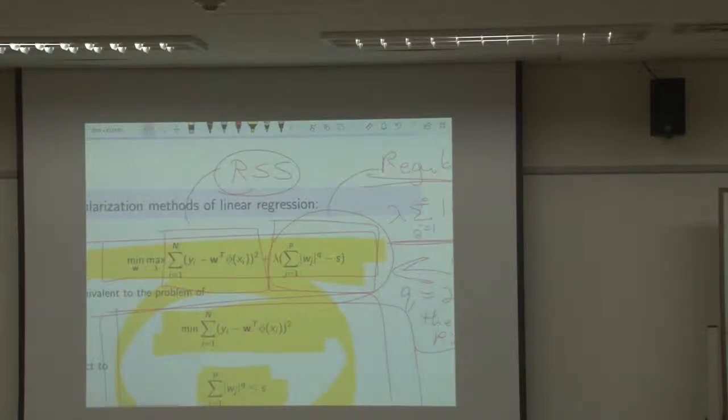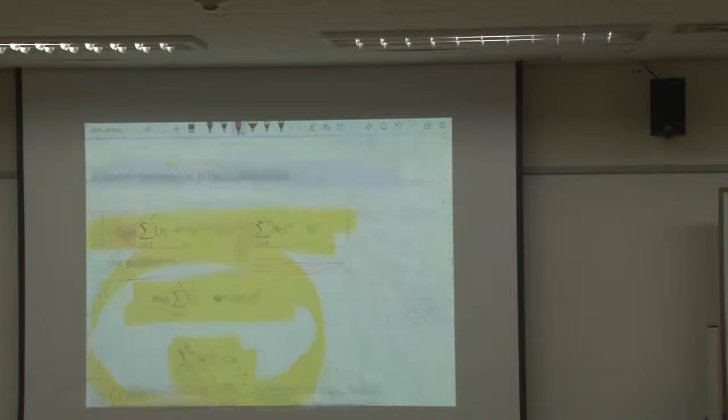I want to minimize this with respect to W. Usually lambda is given. Depending on the problem, you say lambda is 5 or 6. Okay, so just throw this away, and lambda is some constant.